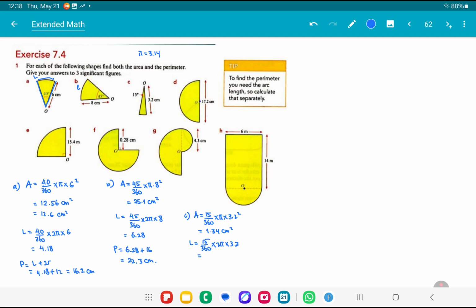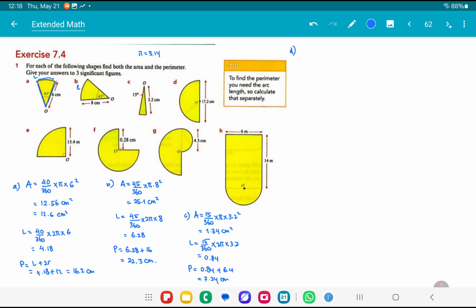So 15 divided by 360 multiplied by 2 pi and 3.2, we got 0.84. So the perimeter equals 0.84 plus 2 times the radius, 6.4. So we got 0.84 plus 6.4, the final answer 7.24 centimeter.